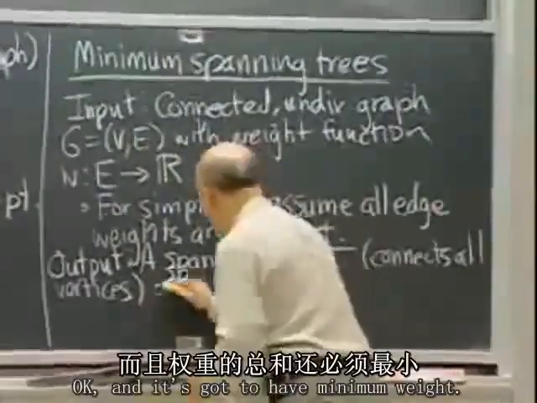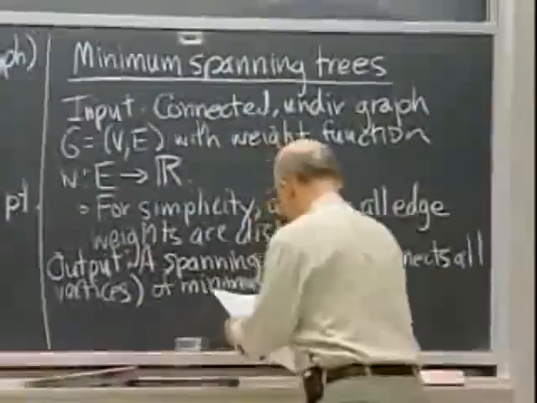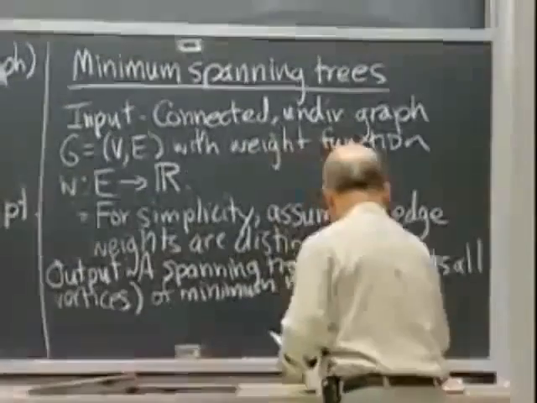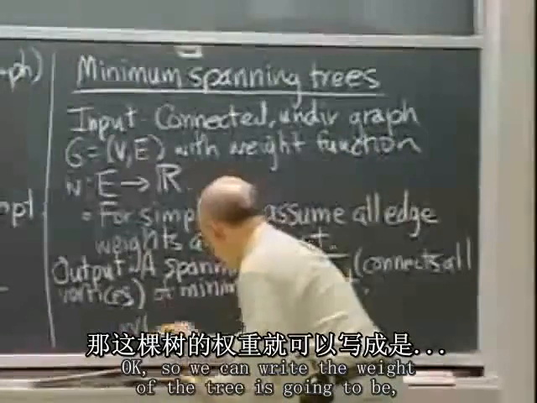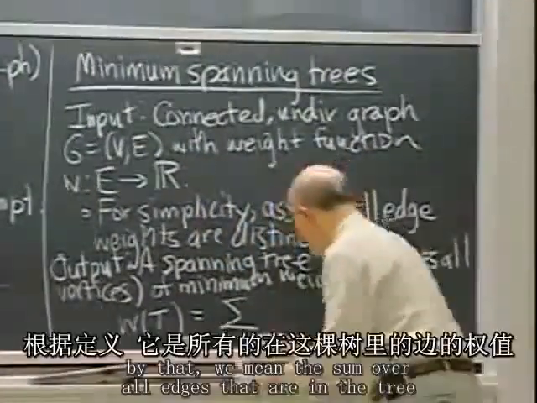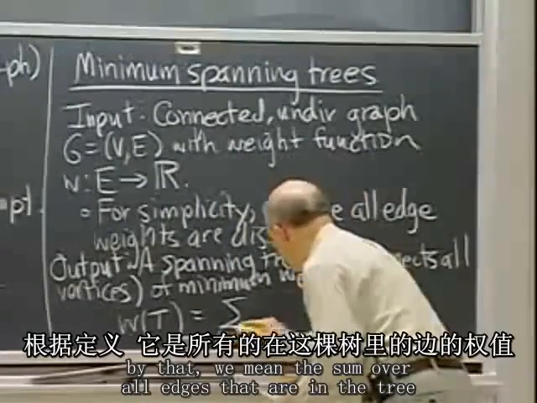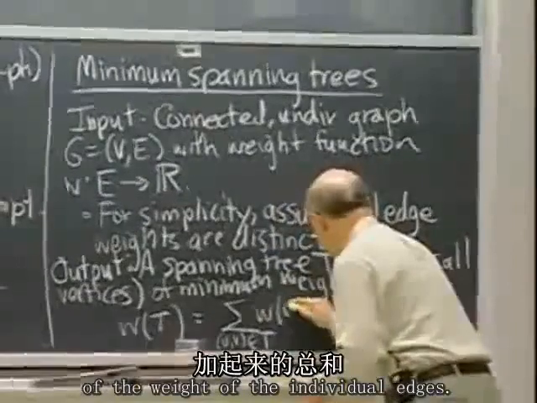Okay? And it's got to have minimum weight. Okay, so we can write the weight of the tree as, by that we mean the sum over all edges that are in the tree of the weight of the individual edges.